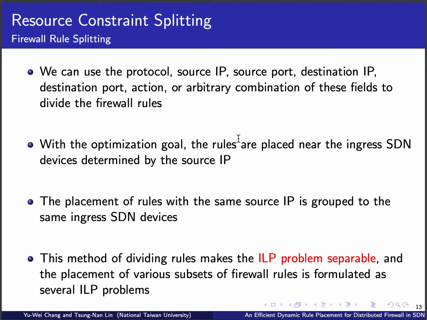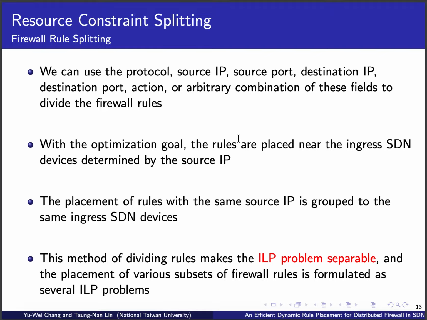With the optimization goal mentioned above, the rules are placed near the ingress SDN devices determined by the source IP, since it can minimize the wasted bandwidth. And most of the firewall rules have the source IP of the internet, as they are filtering network packets from the internet.